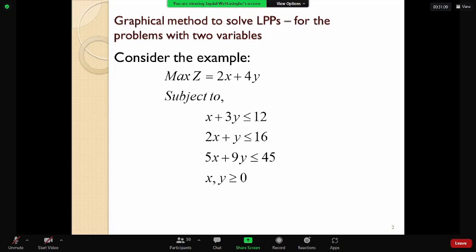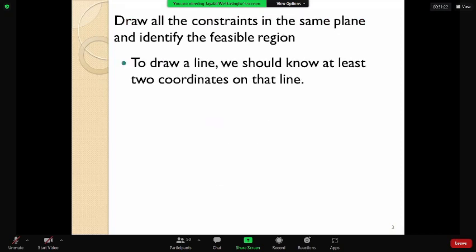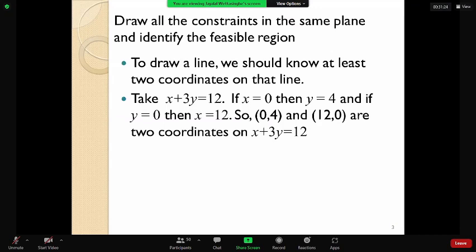Not only for the variable x, you can also substitute for variable y, and then you will get the corresponding x value, giving the coordinates of a point. Now, for x plus 3y equals 12, the easiest approach is to substitute 0 for one variable.